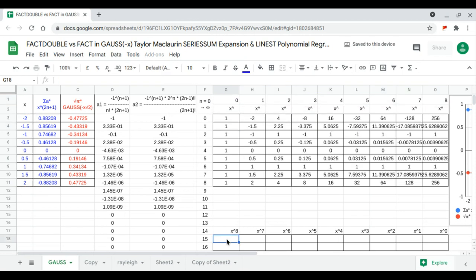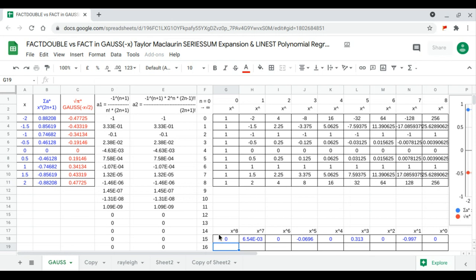Now we can calculate the linear polynomial regression coefficient. So the LINEST polynomial LINEST data y and data x. And these are the polynomial regression coefficients of the expansion.